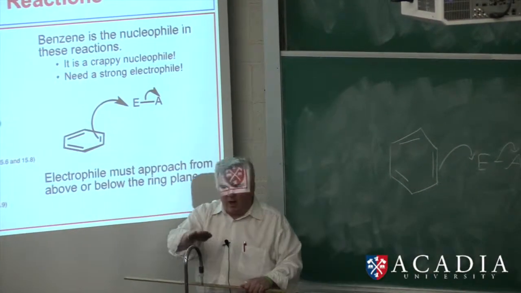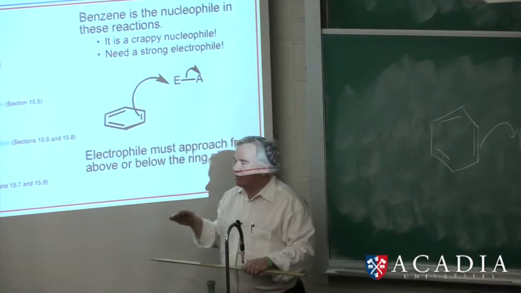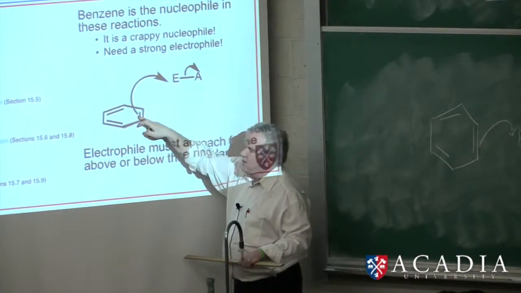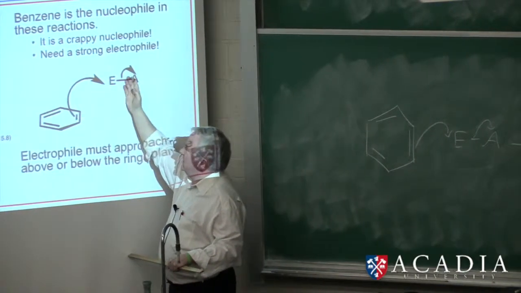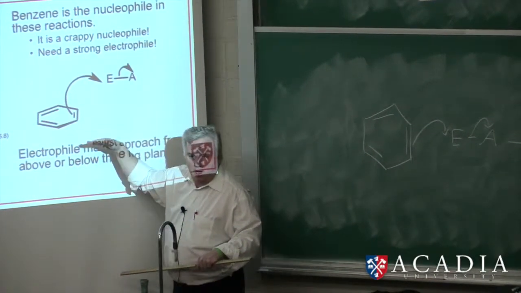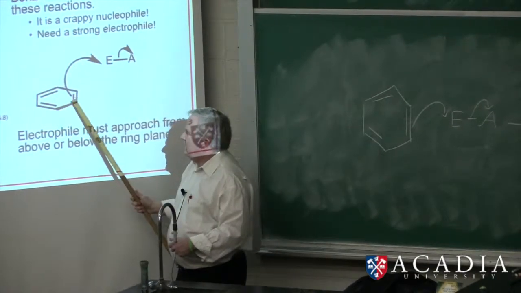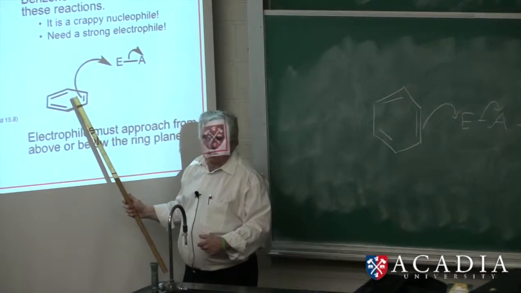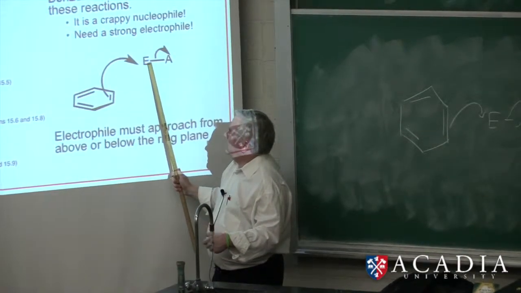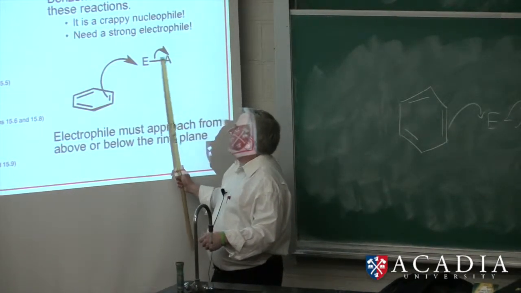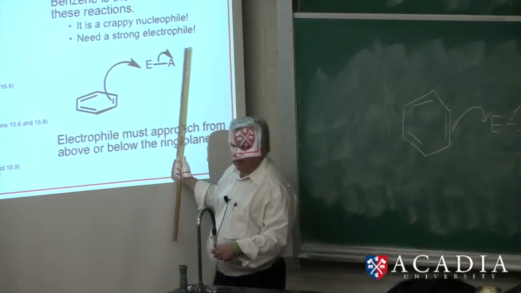Remember, the benzene molecule is planar, and the electrophile's got to come in and get near that electron density, which is in the middle of the ring. So the electrophile will approach from the top or the bottom of the ring, and then these pi electrons can reorganize and start to form a bond with the electrophile, and then we kick off just the anionic portion of the electrophile.